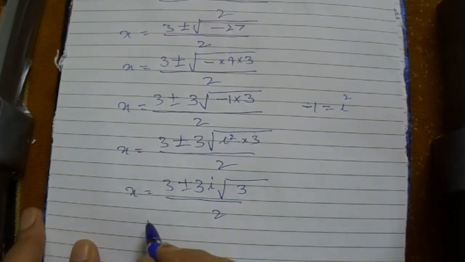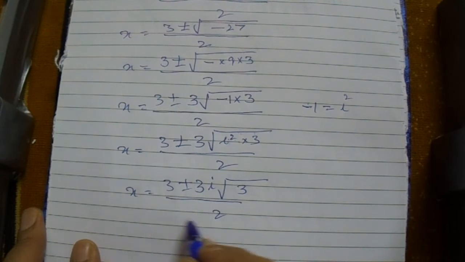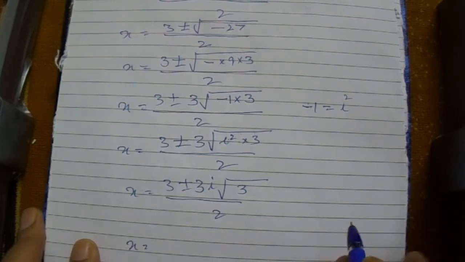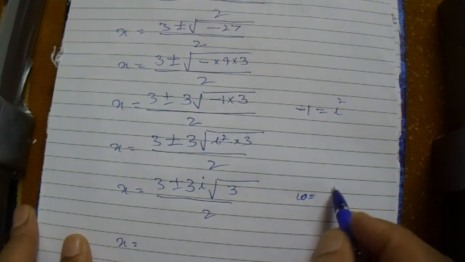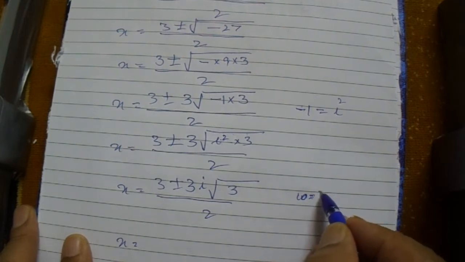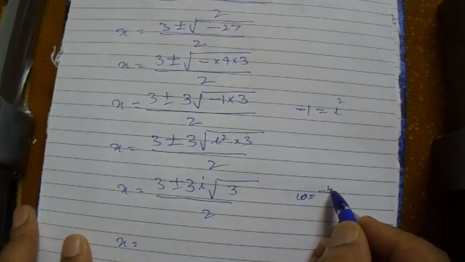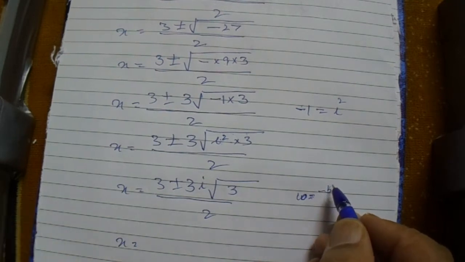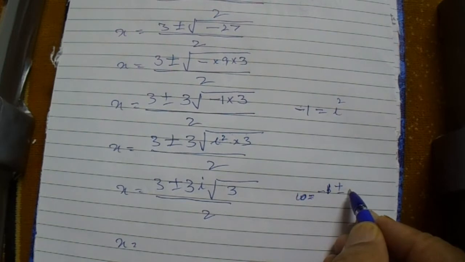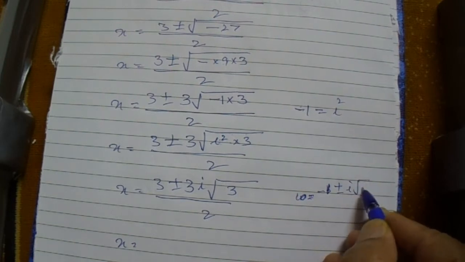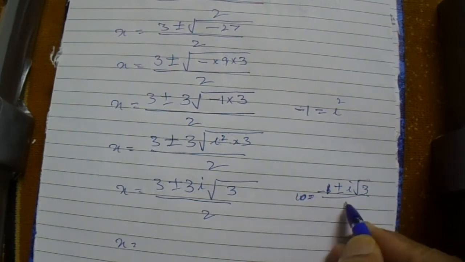Now we write this x is equal to, we know that iota is equal to, minus b, minus 1 plus minus 3 iota over 3, we write over 2.